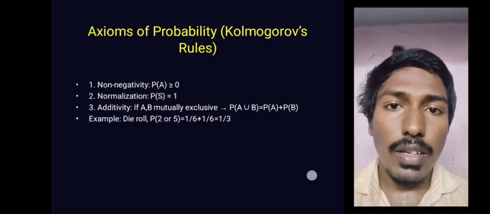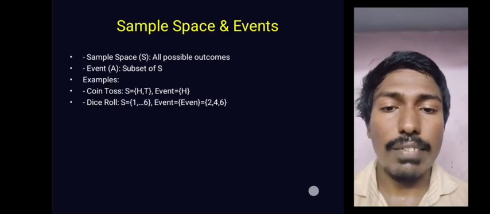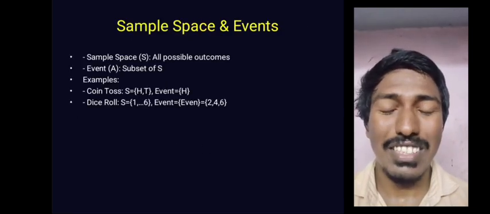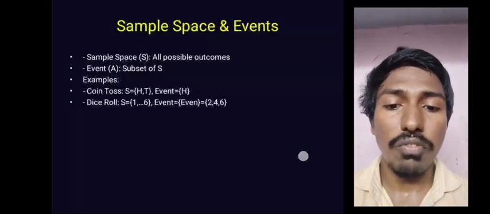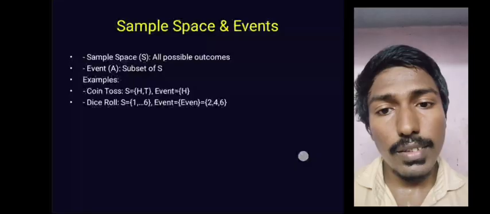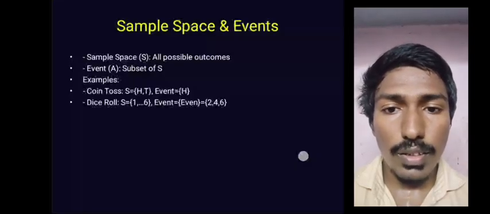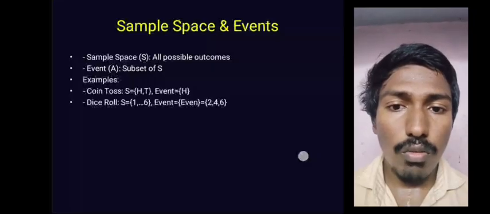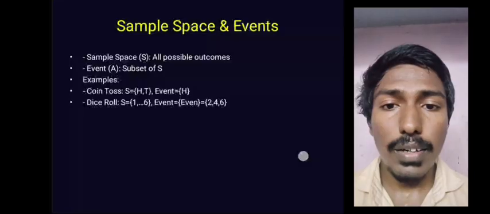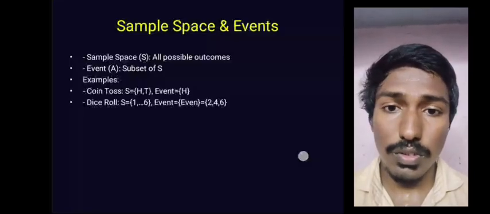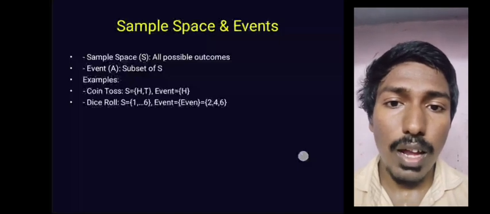That's it, the axioms are completed. Now, sample space and events. Sample space is the set of all possible outcomes.